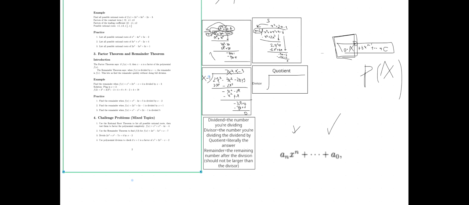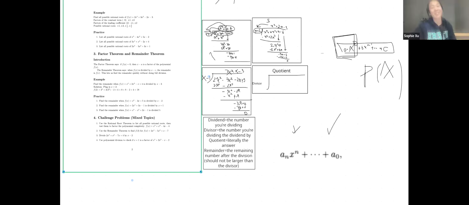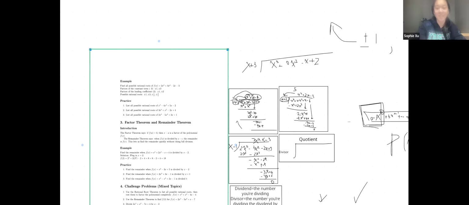Okay, so basically, the a term of this polynomial is just 1, right? Because it's 1 times x cubed. And then the last term is -2. If we look at the possible factors of 1, it's just plus minus 1. And for -2, it's plus minus 1 or plus minus 2.